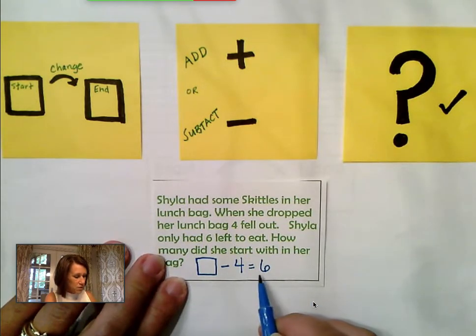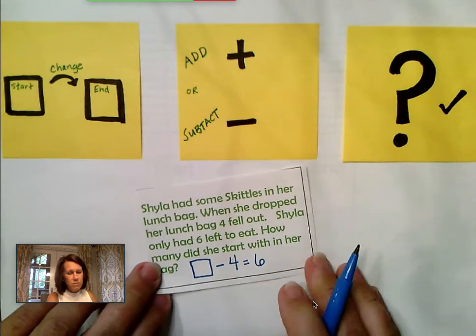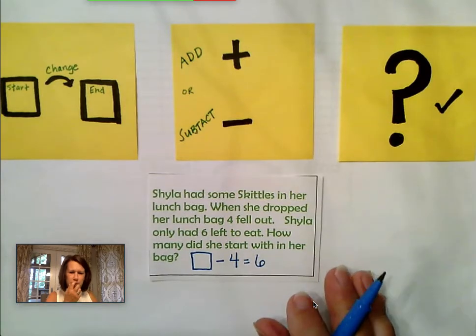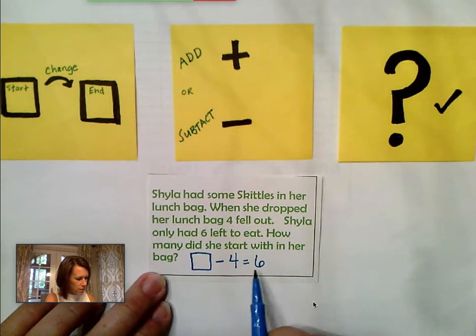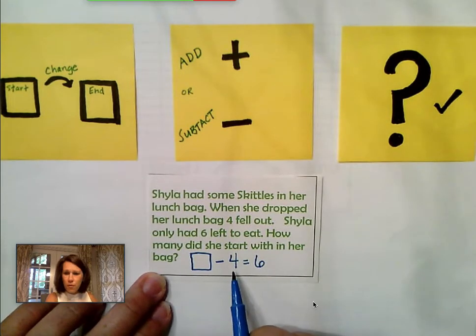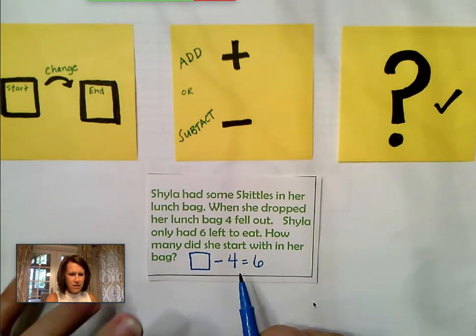Well, she's going to end up with more than, no? Let me think again. Let's see. She's going to start with a higher number, take 4 away, and still have 6. So she has to have more than 6. 4 more than 6. 6, 7, 8, 9, 10. Okay.